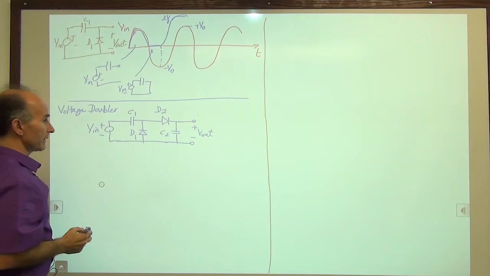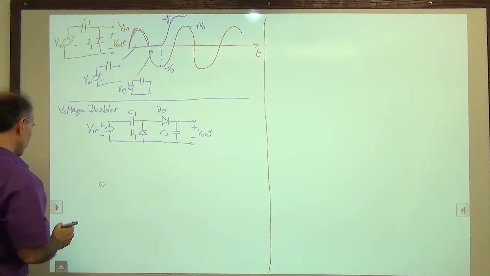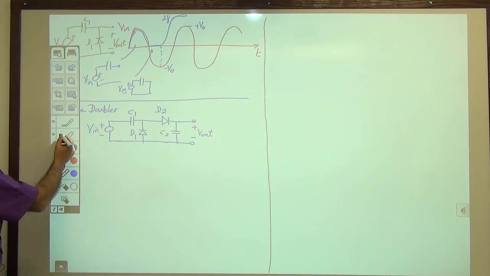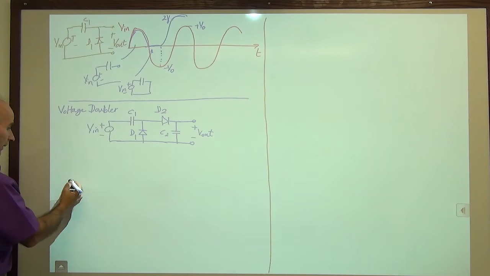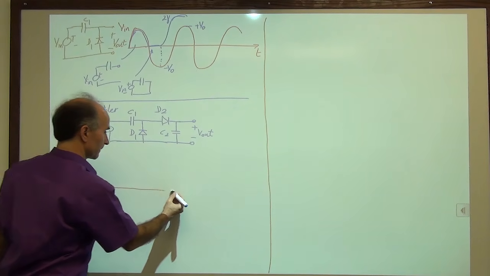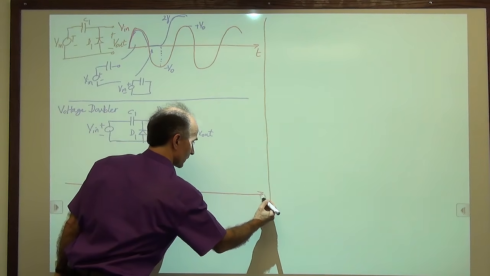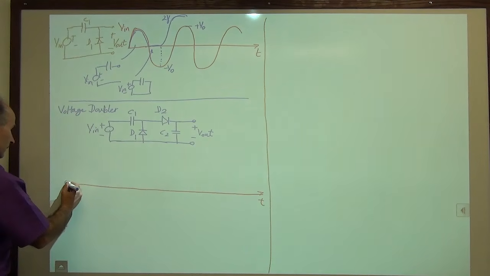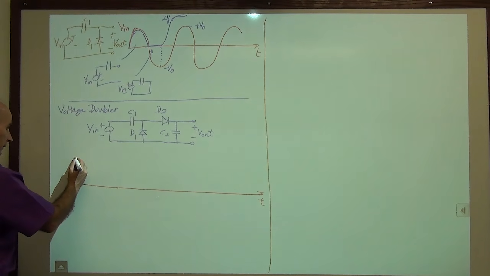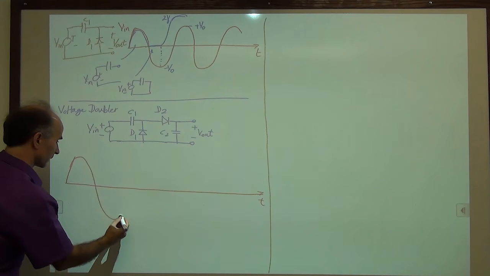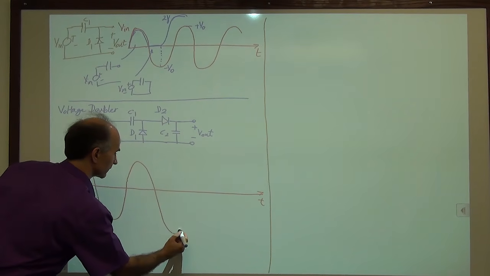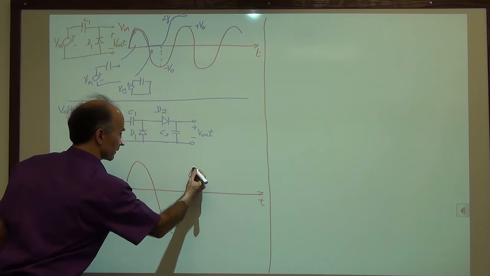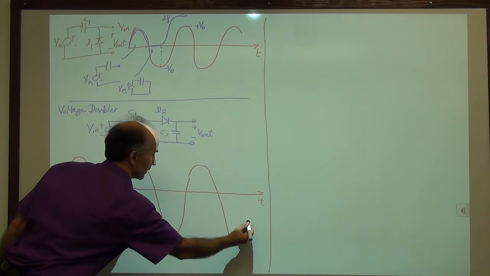Okay, so let's again plot the input and output as a function of time. Let's change the color of the pen to red for the input. So here's the input. We'll draw it over some cycles, and so on.